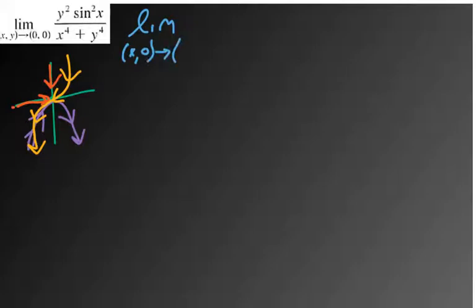Here I'm coming in on the x-axis, so all the y stuff simplifies out. I have a y squared on top, which kills the numerator, and then I'll just have x to the fourth on the bottom. We know that limit goes to 0 as x goes to 0. That's nice and easy to see.